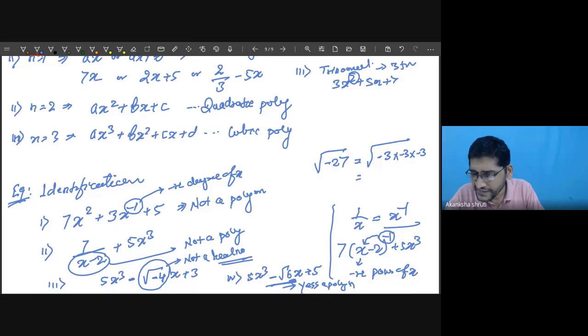This can be written as minus 3 outside. In a square root, the minus would remain inside. But if it is the cube root, then we need to take a group of 3 for taking it outside.